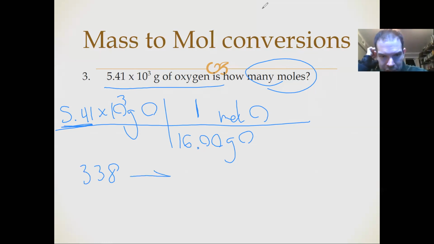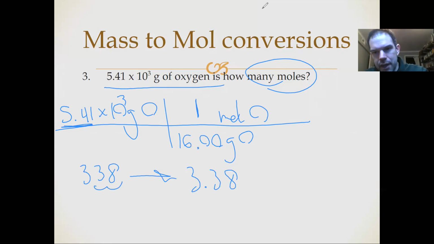Now, if I want to go scientific notation, I'd make it 3.38. So I'd move it 1 spot, 2 spots, and I make it times 10. Okay. So 1, 2 spots. So it'd be 10 to the 2.